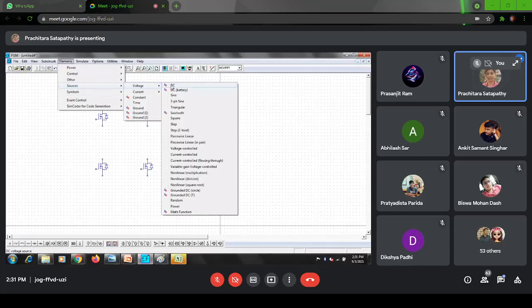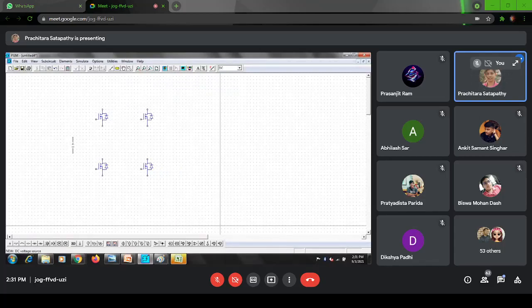The input is DC, right? Then the R load. Here also I can place it, or according to the diagram, you will place it here.